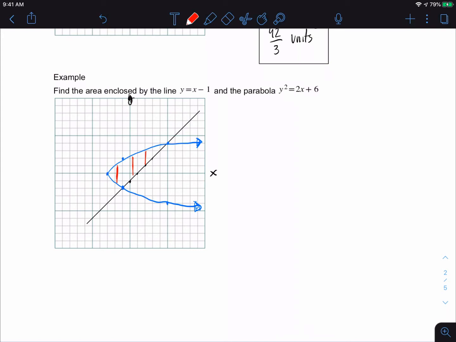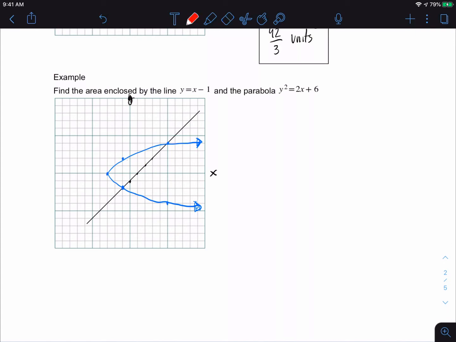Right, we end up seeing here that there's a problem, and we can't have that vertical slice. And since we can't have that vertical slice, we're sad.